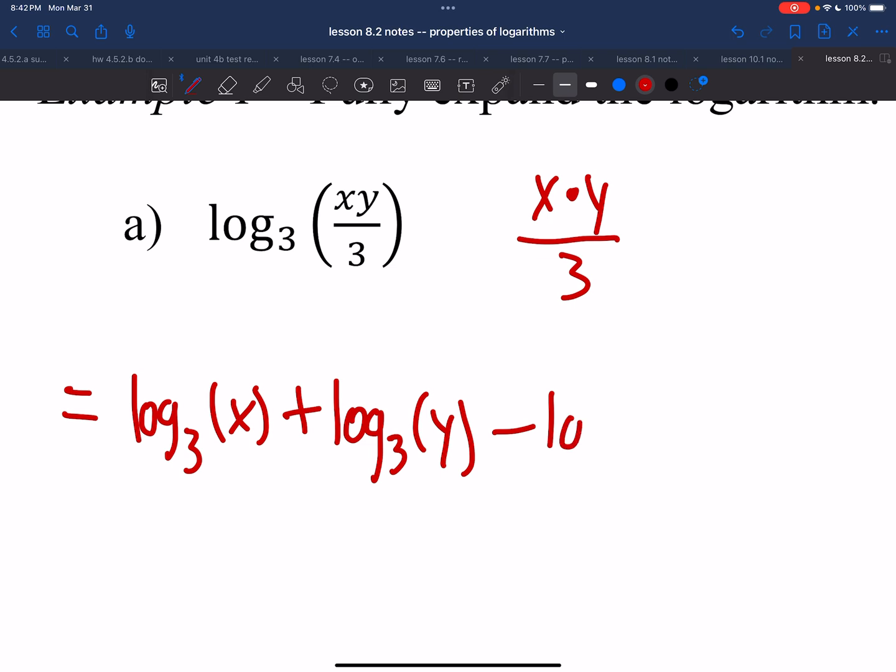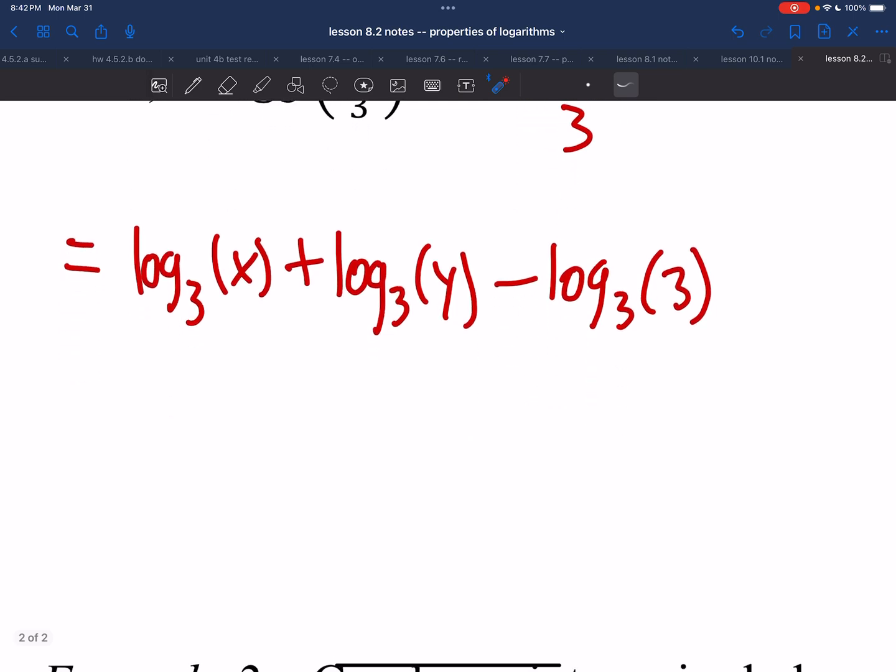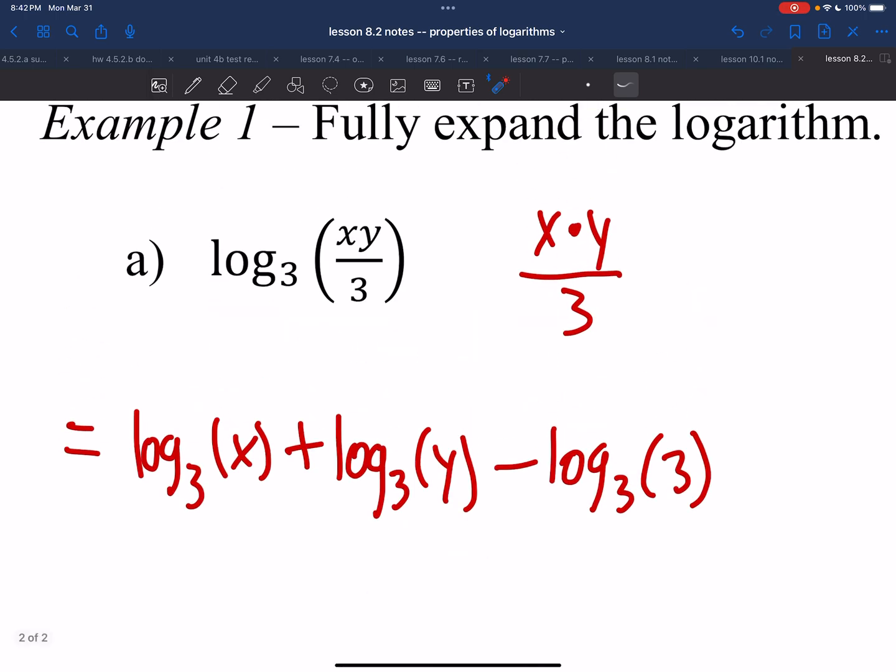Then minus log base 3 of 3, because it's divided by 3. If we said log of x over 3, that would be log x minus log 3. Yeah? So if it's subtraction, it goes in the denominator. And if it's addition, it's going to go in the numerator. It's going to be multiplied.